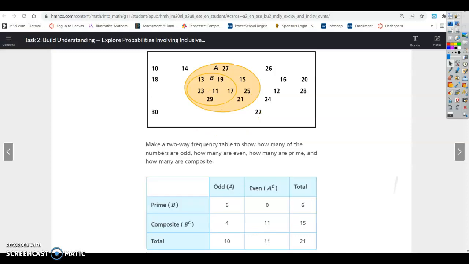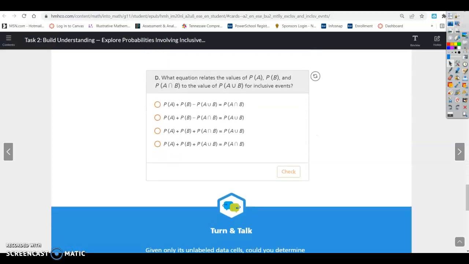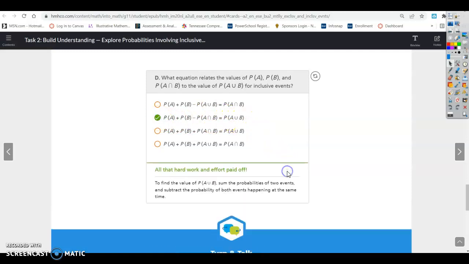We have to take out what accounts for B the second time because we just don't want to count that twice. So we're going to subtract A intersection B. So the part where they intersect, and that's going to give you your union now. So it's a little bit different than the last task we did, but that's the difference between inclusive and exclusive events.